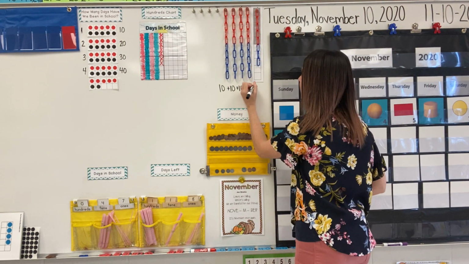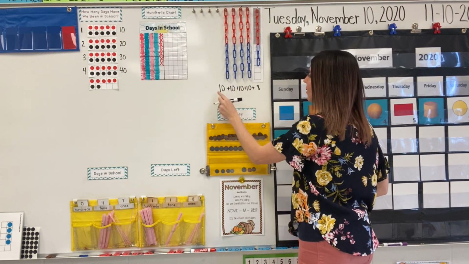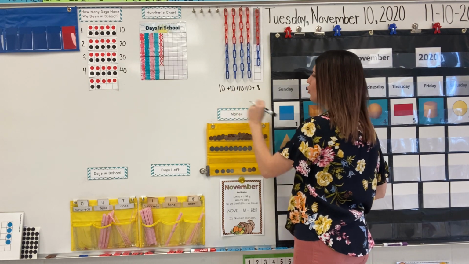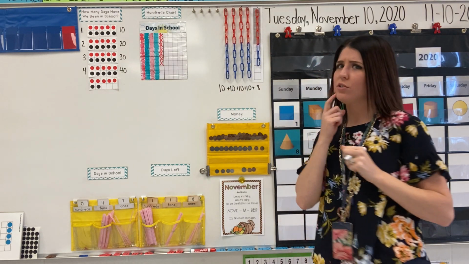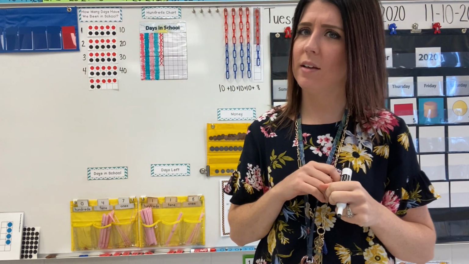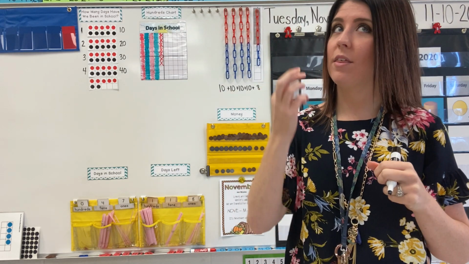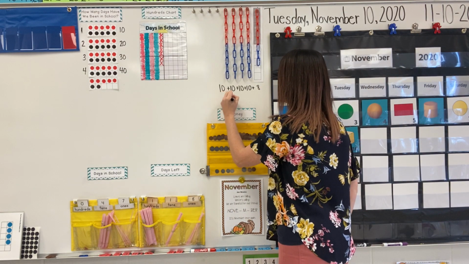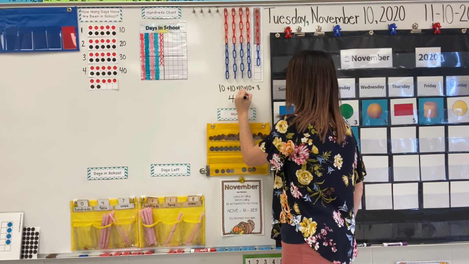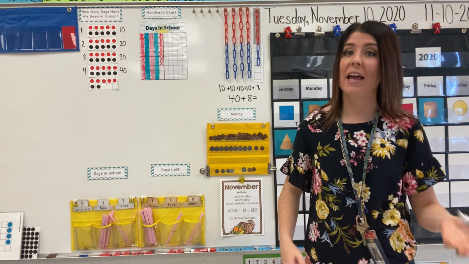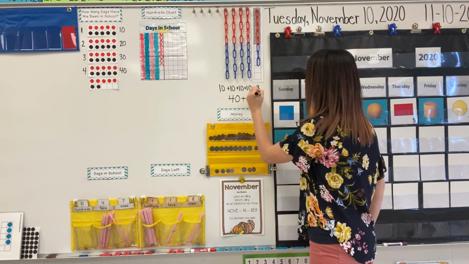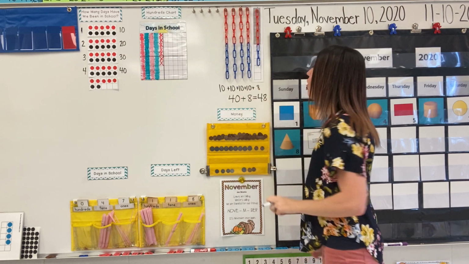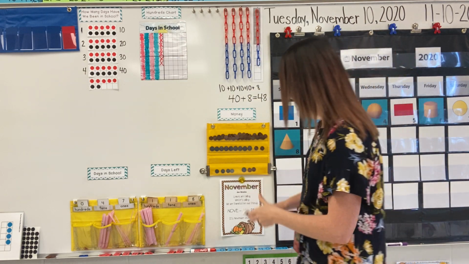So then we have 8. So we have 1, 2, 3, 4 groups of 10 and 8. Do you guys know how much 4 tens would be? 10, 20, 30, 40. So we have 40 and 8. 40 and 8 make 48. So we have 48 chain links.